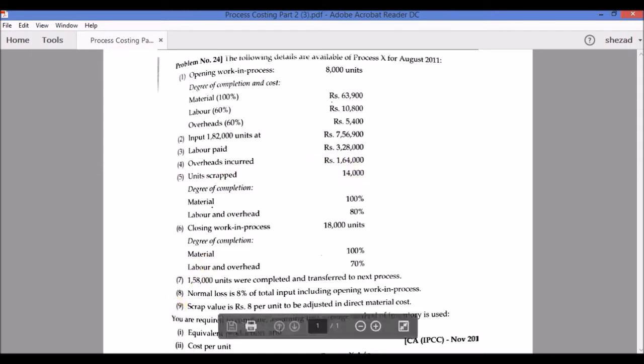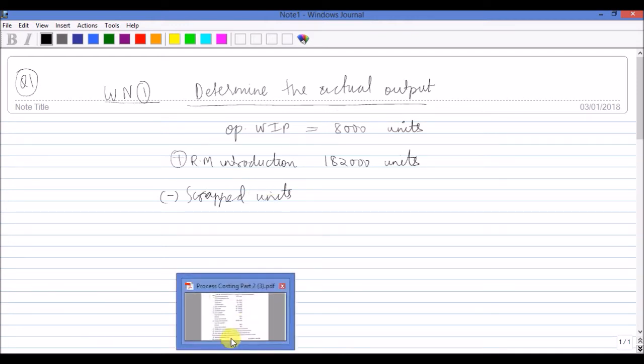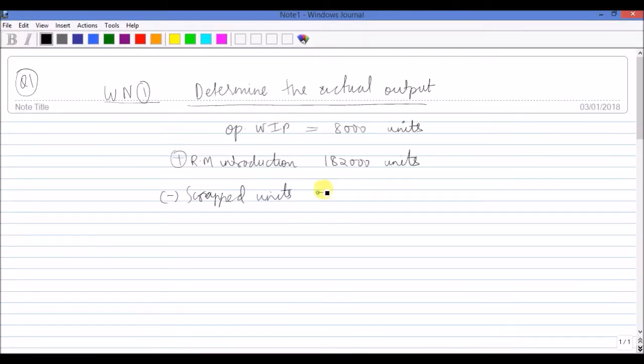So this is a loss, so we will subtract the scrap units. The units scrapped is 14,000 units.